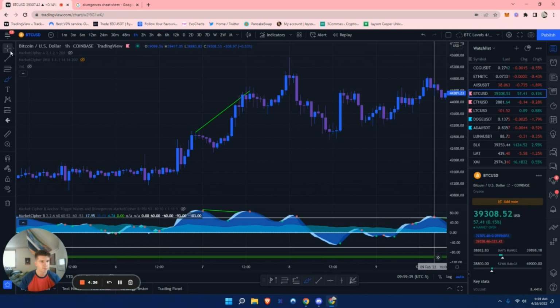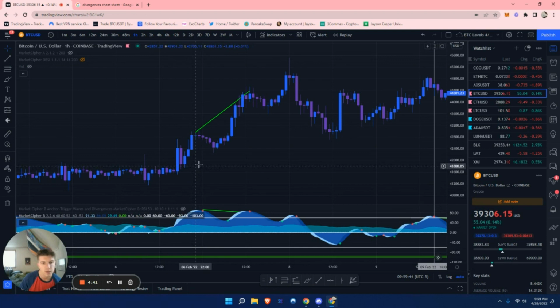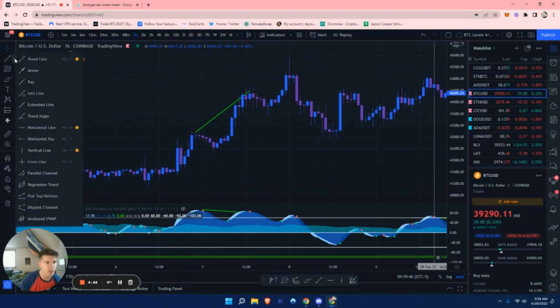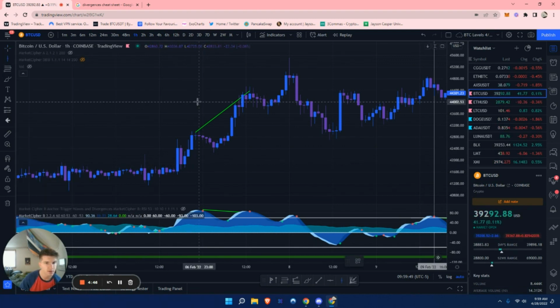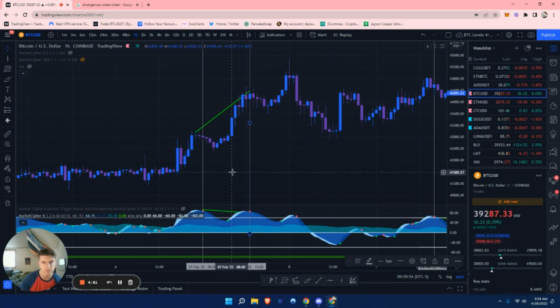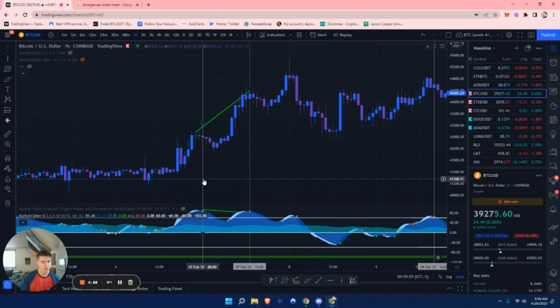Another thing you can do is select the drop down in the indicator and hover over point A, the start of the divergence. I'm going to put a vertical line over each one of them. If I hover my mouse over the start of the divergence and read the Moneyflow setting in Market Cipher B, we're getting a reading of 27.85.